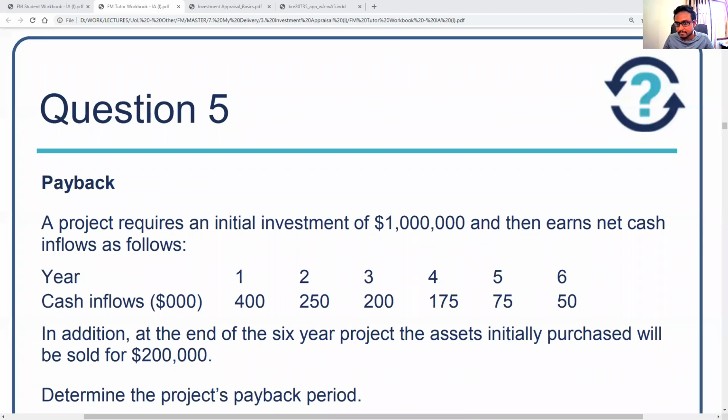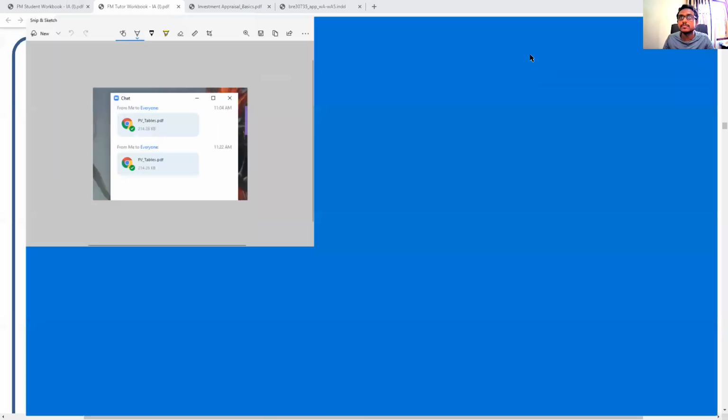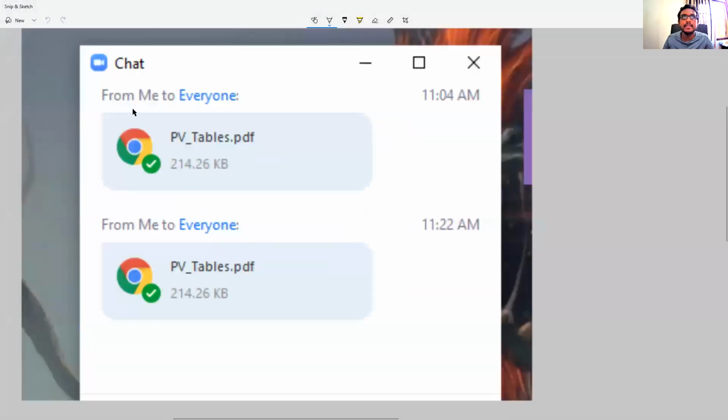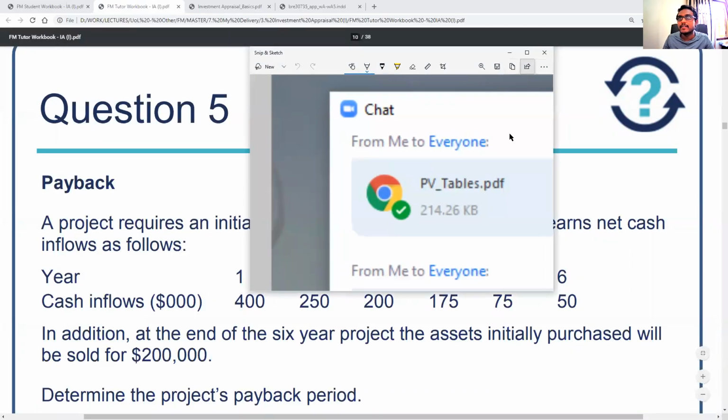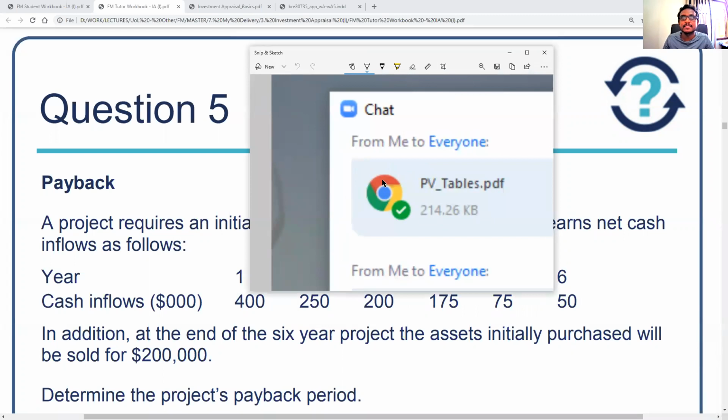Maybe it's a notification thing. There's nothing. See, PV tables from me to everyone. Is that the word favoritism or favoritism? The second one.